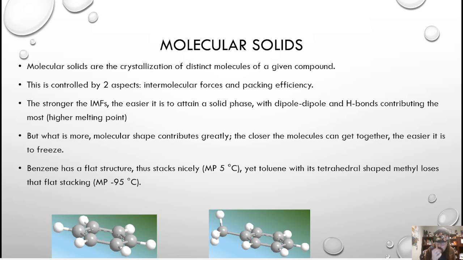Because it loses that perfect stacking interaction, the melting point drops dramatically to negative 95 degrees C. So it doesn't want to stack as easily, and so it's a lot harder to freeze toluene for that reason. But we won't focus too much on molecular solids.